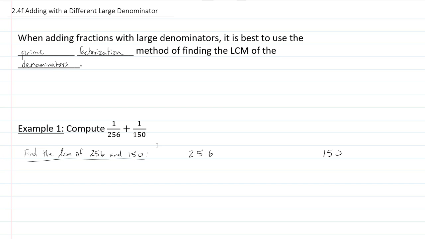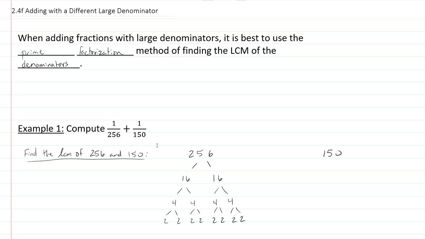So I know 256 is 16 times 16, 16 squared, right? Well, I can break these down into 4s, because 16 is 4 times 4. And I can break each of the 4s down into 2s. 2, 2. It's a lot of 2s.